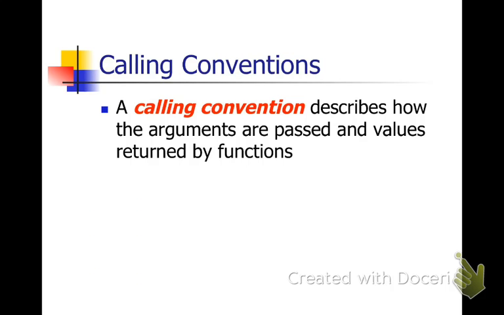I think I mentioned this to you guys already. And this is regardless of the language, the level of the language, anything. A convention describes how the arguments are passed and then how the values are returned by functions. Remember, every time you call a function in C++, as C++ is compiled, it's compiled into machine language, and so, as we've looked at in disassembly, C++ is also using those same registers, the stack, everything.